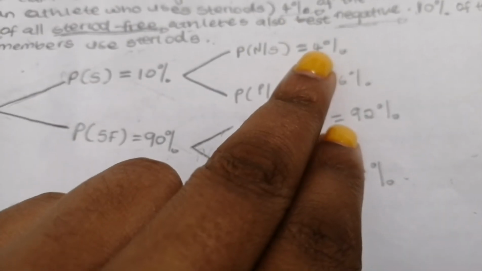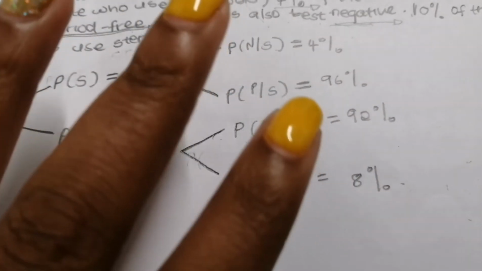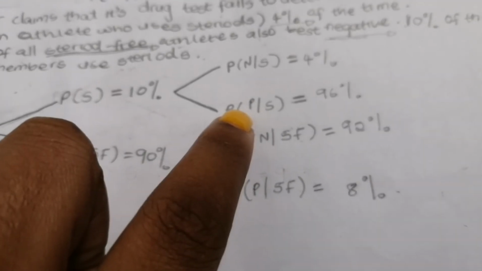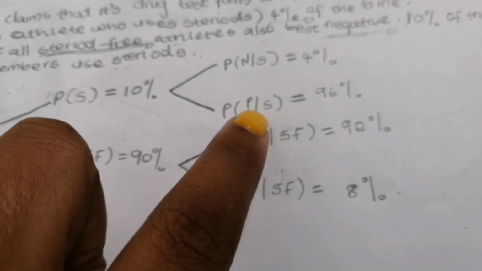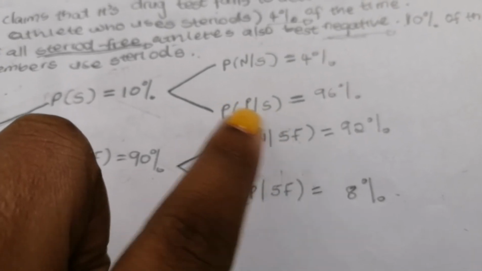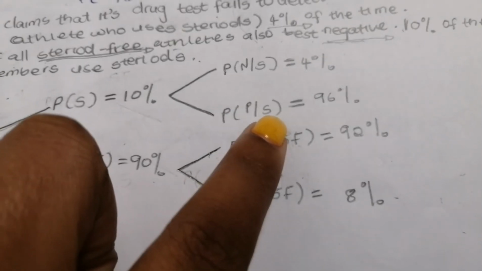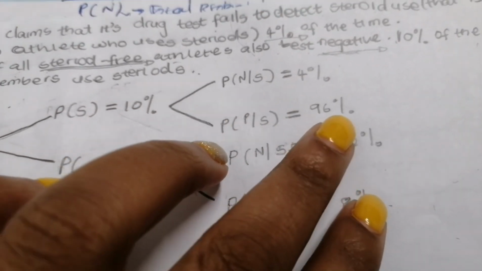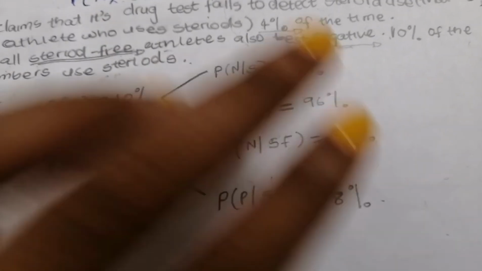If it's 4%, we know that it means the probability that it will show positive for a member who uses steroids is going to be 100 minus 4, which is 96%.